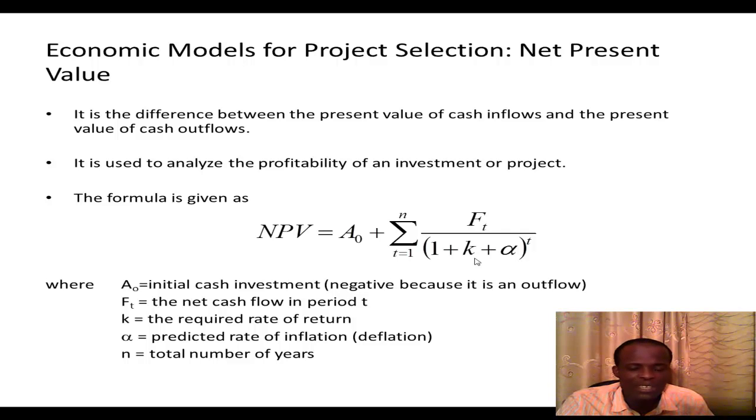And if NPV is positive, that means the project is viable. If it's negative, it means the project is not viable. Of course, that means you're putting in more money than you'll be getting. And if NPV is 0, that means it's neither viable nor not viable. It's like a break-even point.